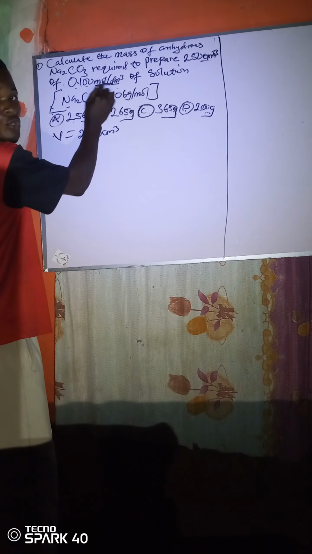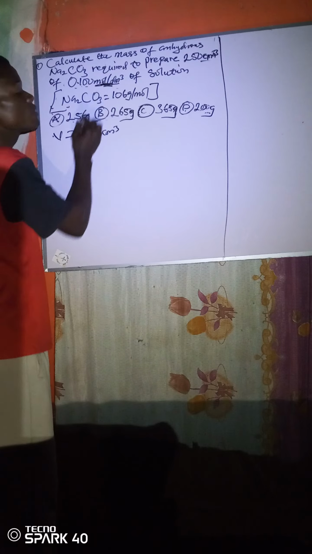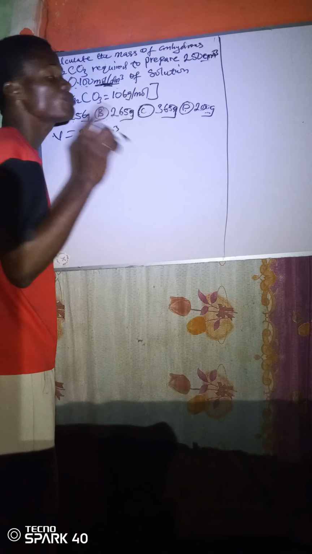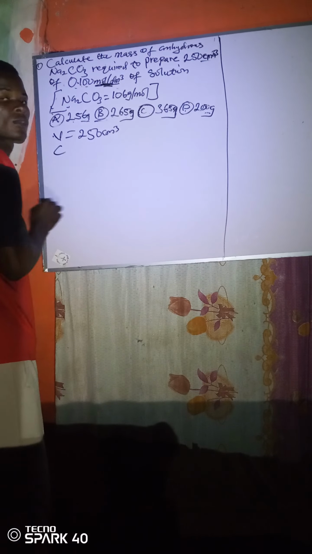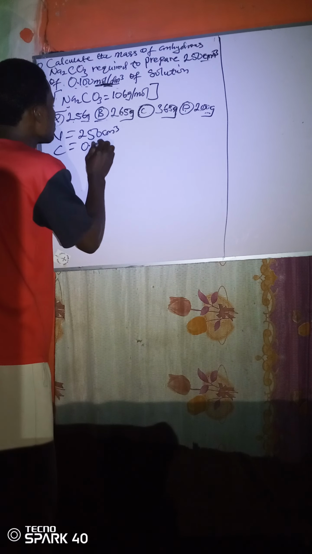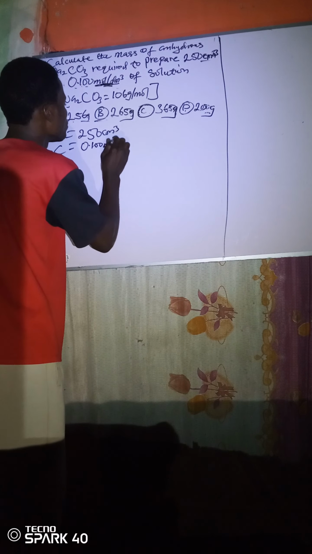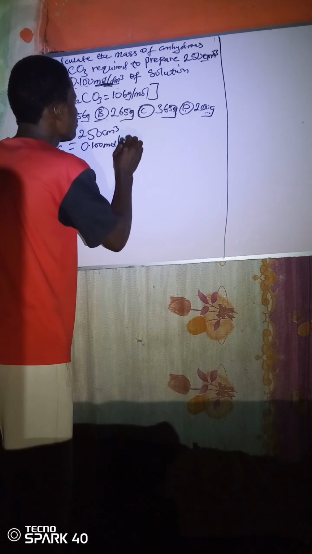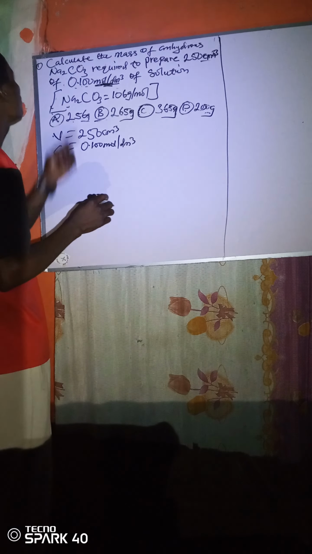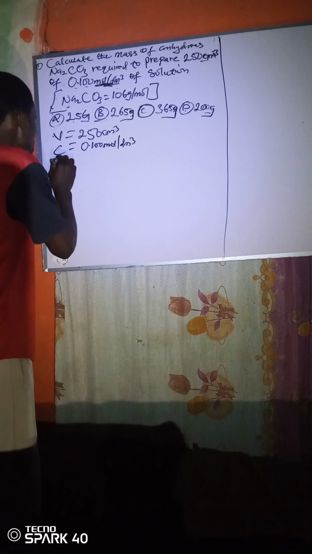But in this case, it is mole per dm³. So that is molar concentration, and that molar concentration is C, which is 0.100 mole per dm³. Now, they say we should calculate for the mass. We don't know the mass, which is m.